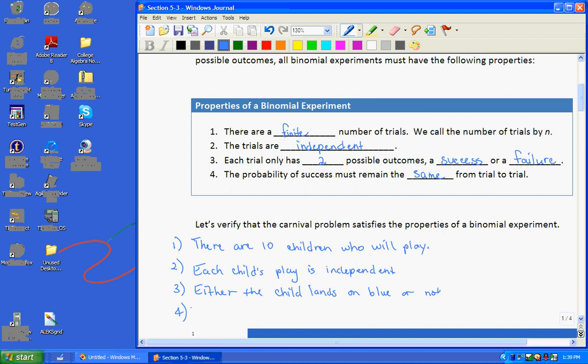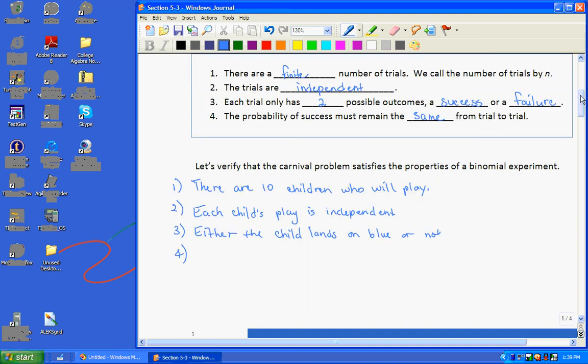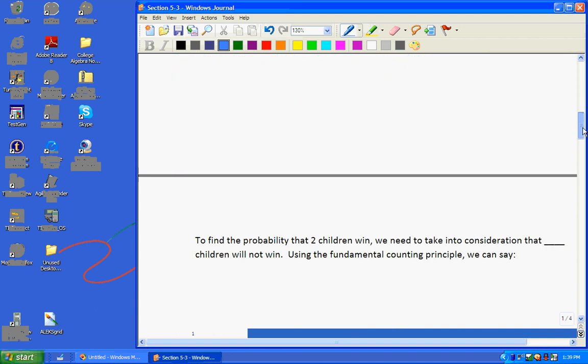But we're not basing it on skill. So here we will say the dartboard stays the same. Okay, so definitely fits all 4 characteristics or properties of a binomial experiment.